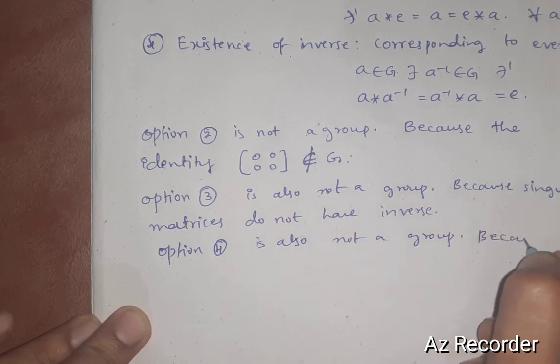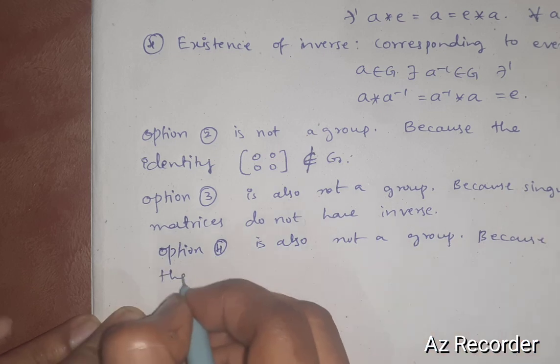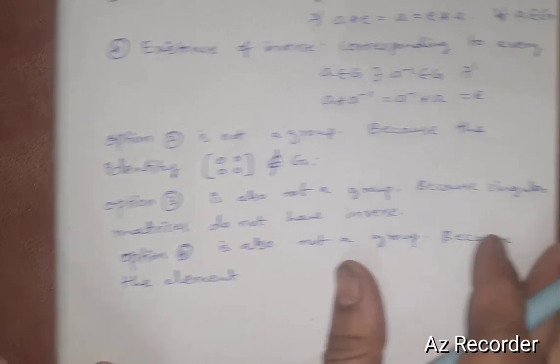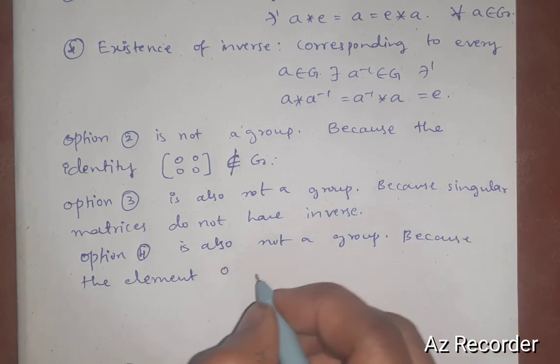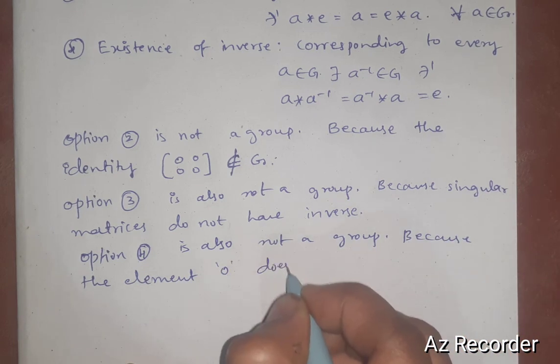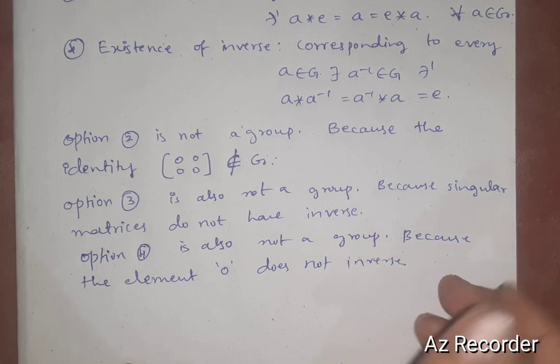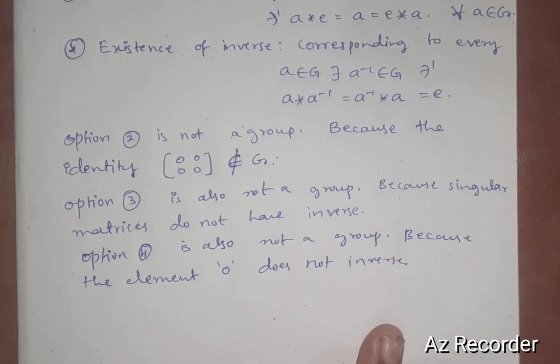It's also not a group because the element 0 does not have an inverse. Okay, so this is not a group.